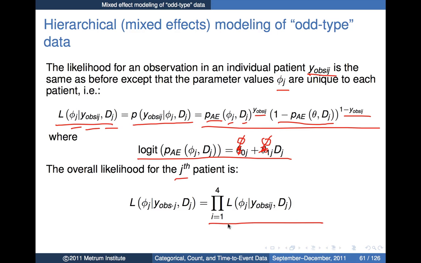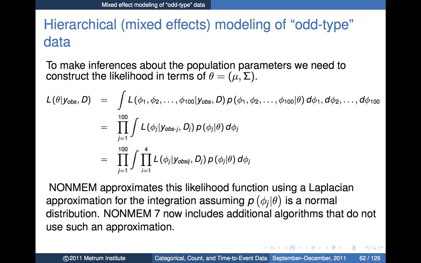So we're almost there, and so we do that. And then finally we have to construct the overall likelihood given all of these individual components. So we've got two things going on. One, we want to combine the individual likelihoods together, and then we want to combine all of those for all of the individuals.